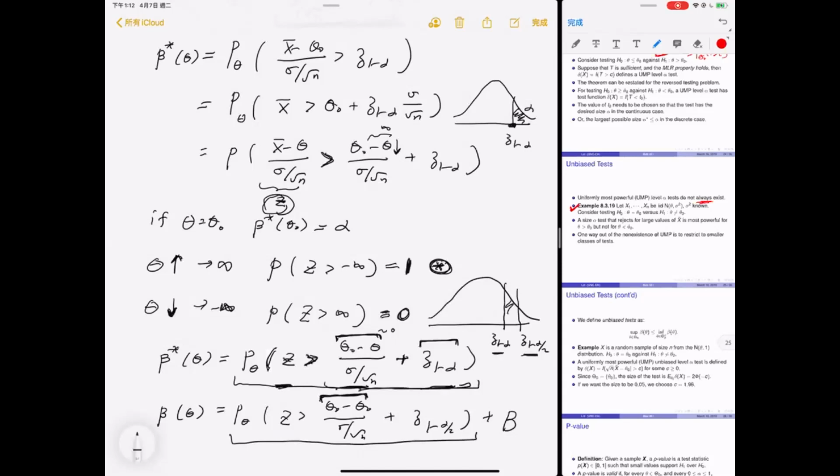The right-hand side probability of the smaller quantile is going to be bigger than the probability with the larger quantile. So by a pairwise comparison, I know this probability is bigger than this probability. That means beta star theta is going to be bigger than beta theta.